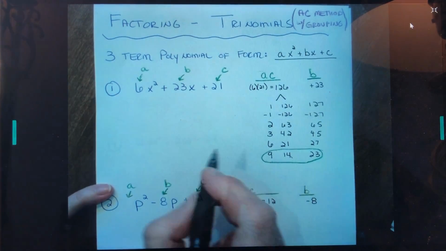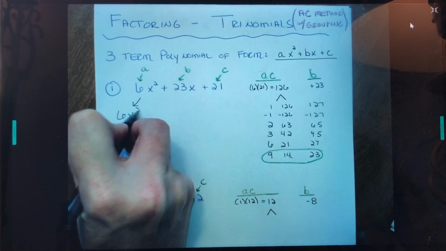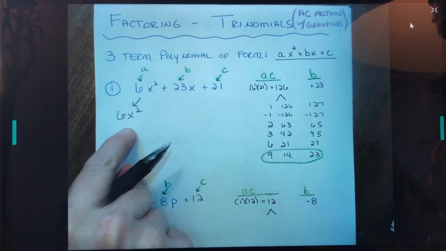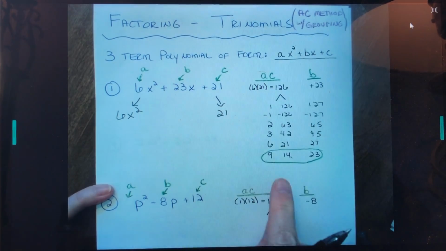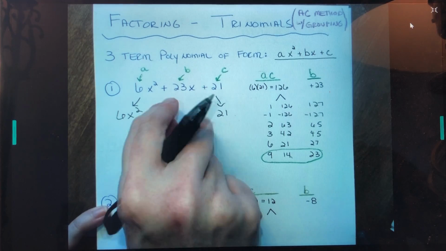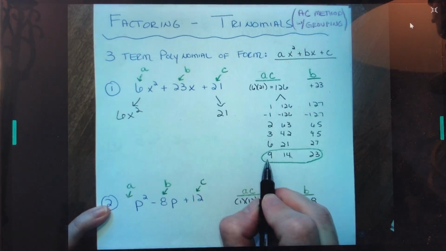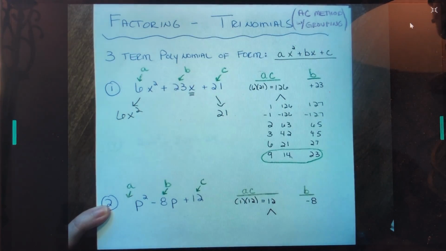grouping. And what we do is, if you remember what I mentioned before, we take the first term and we just copy it exactly as it is. And then we take the second term and we're going to copy that. Now we're going to use these two numbers to break this middle term into two pieces, okay? Well, these are x's, so I can't forget the fact that they are x terms.